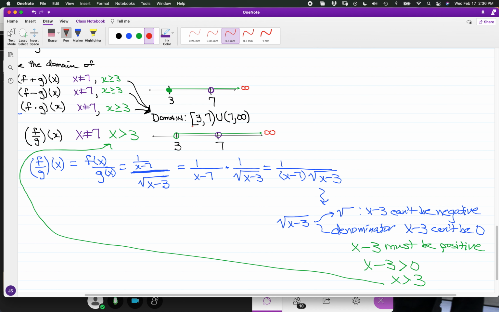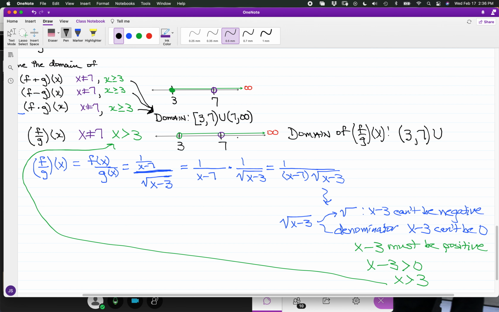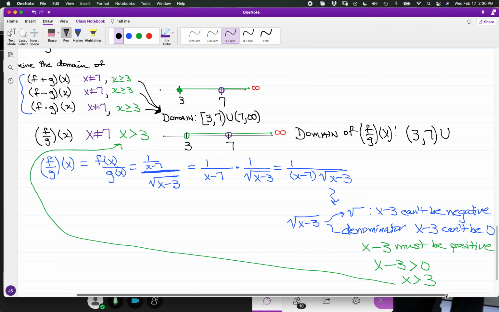And you have almost the exact same domain, but for the domain of the quotient function, what's going to happen here is that with 3 excluded, we're going to have a parenthesis around 3. So we have approaching but not including 7. And for the rest, those values of x which are greater than 7.